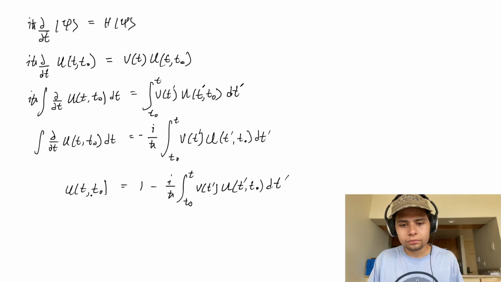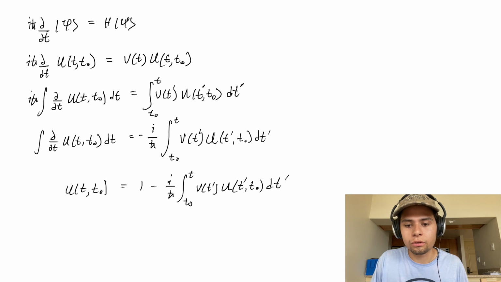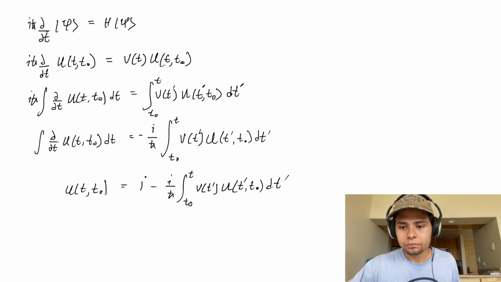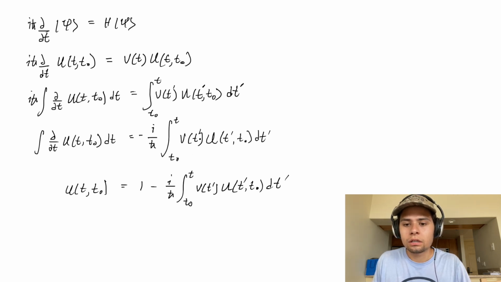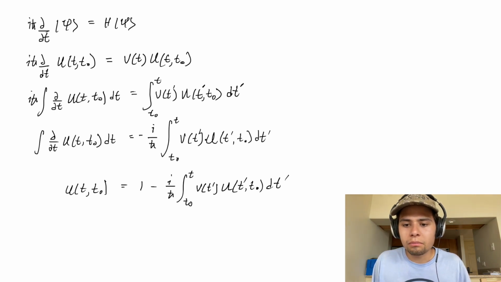Okay. So now we have, and the reason we had to do that is because when t equals t naught, this thing here is going to be unitary, but this thing here, when t equals t naught, at the initial time component, vt might be 0.